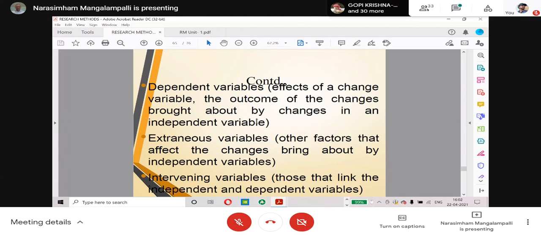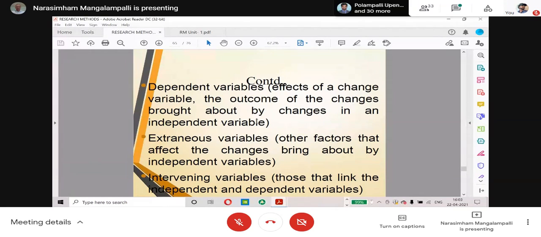But there will be some variables which will not have direct influence, but they have some influence on another parameter which has influence on the dependent variable. So that means indirectly extraneous variables influence the variations in the dependent variable.